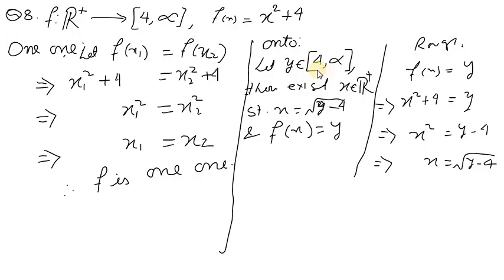So for any y greater than or equal to 4, there will be such an x, which is the square root of y minus 4, such that f of x equals y. Therefore f is onto. Since f is 1-1 and onto, f is invertible.